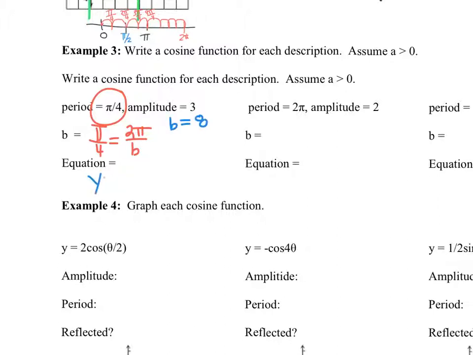So my equation is going to be y equals 3 cosine of 8x. So the relationship is the greater your b value, the lower your period will go. Okay, the more cycles you have, the shorter the period will be.